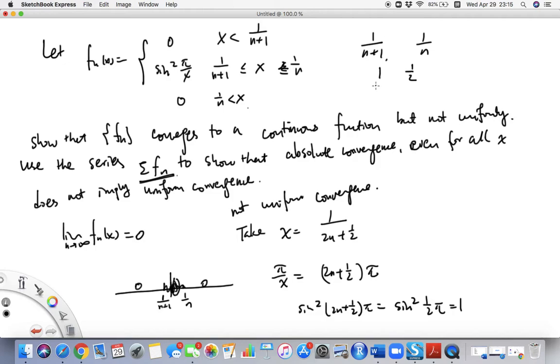If n is equal to 2, that's 1/2 and 1/3. If n is equal to 3, that's 1/3 and 1/4. So these intervals are always disjoint, so it's not hard to see that the series converges to 0 when x is less than 0.